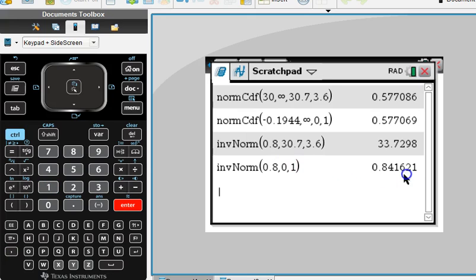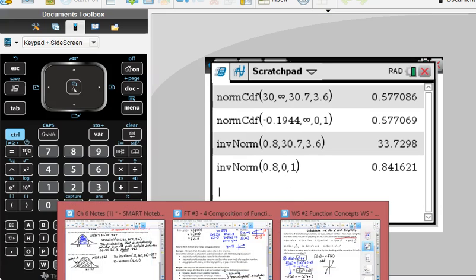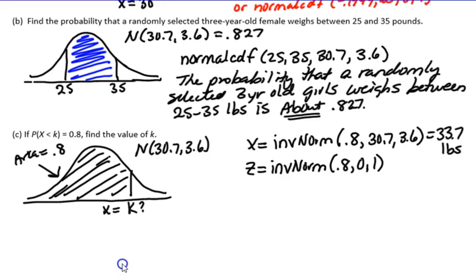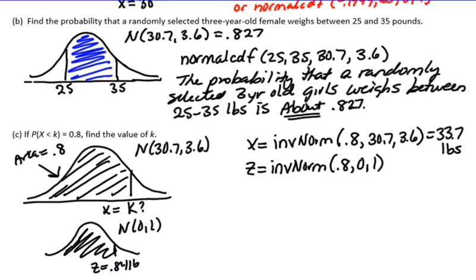Okay, this is the z-score. So this is how many standard deviations away from the mean cuts off a boundary of 0.8 on the standard normal model. So I'm just going to put 0.8416. So if I was doing a standard normal model, I'll just draw that down here. If this were 0 and 1, this would be z equals 0.8416, and this would be 80%.